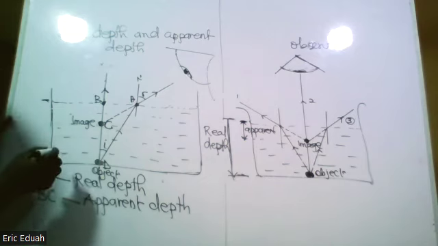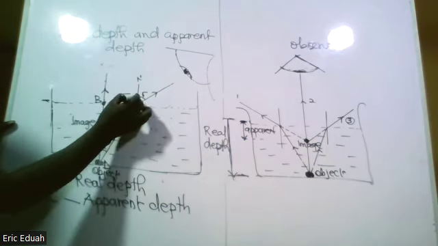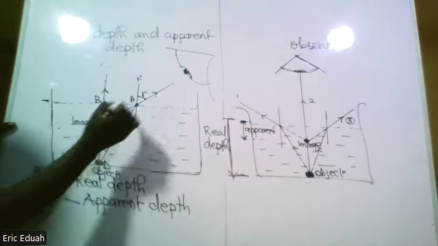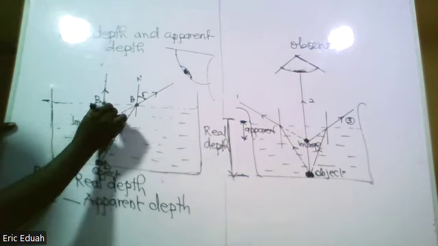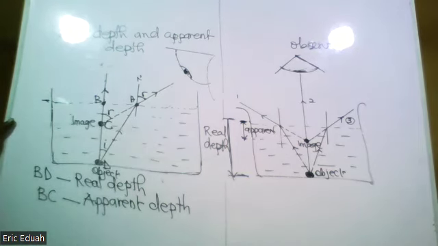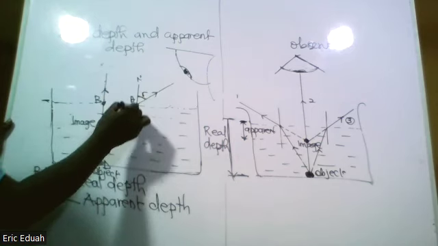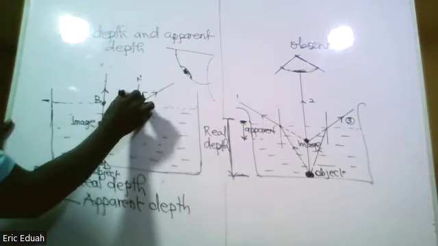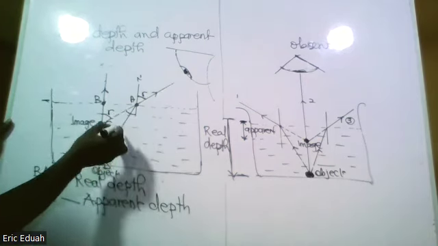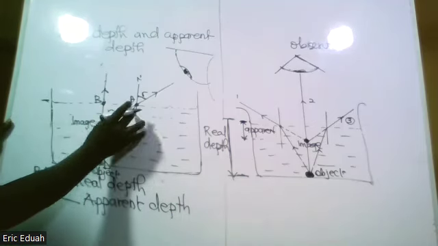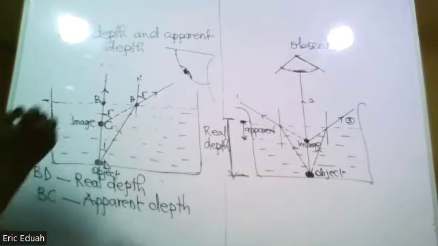By corresponding angles, this angle also corresponds with this angle. So if this is I and this is R, this will also be R. Or by the vertically opposite rule, if this is R, this is also R. And this angle would also alternate with this angle. So once this is R, this is also R.